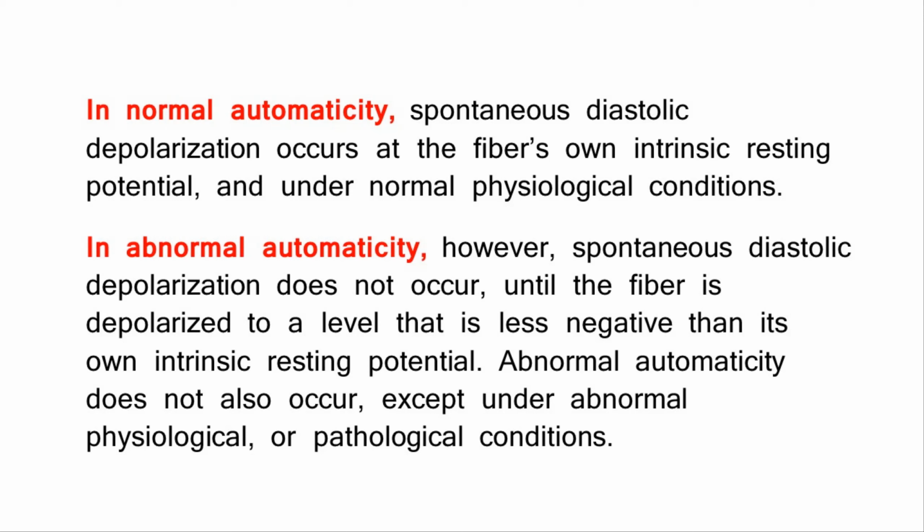In abnormal automaticity, however, spontaneous diastolic depolarization does not occur, until the fiber is depolarized to a level that is less negative than its own intrinsic resting potential. Abnormal automaticity also does not occur, except under abnormal physiological or pathological conditions.